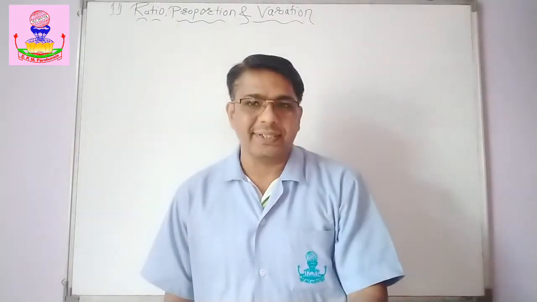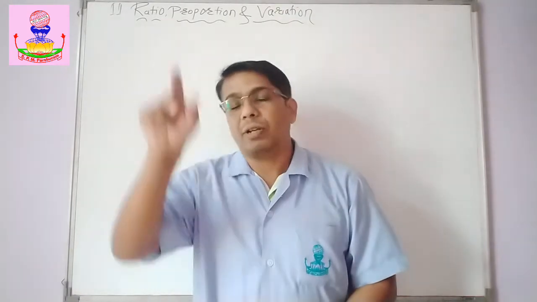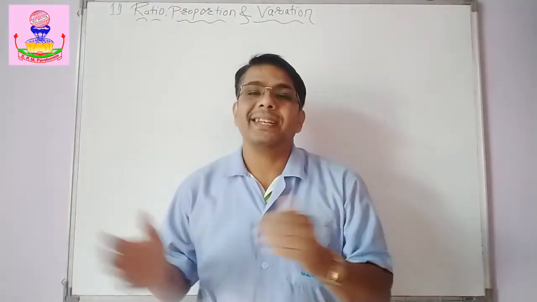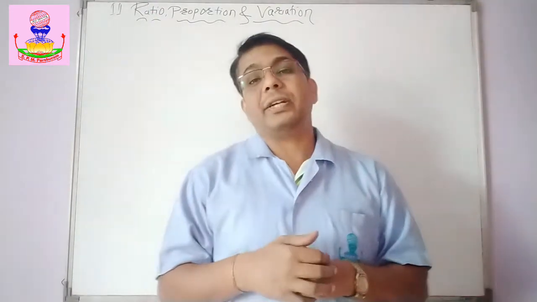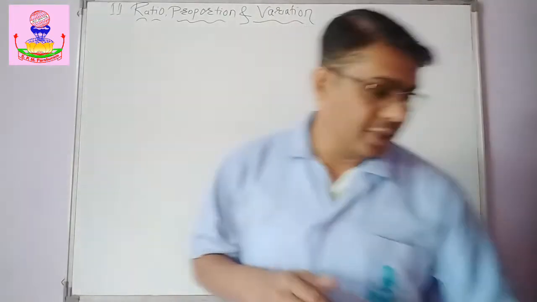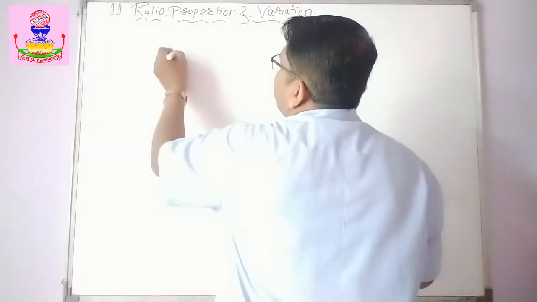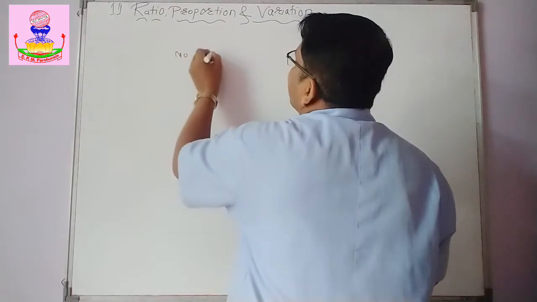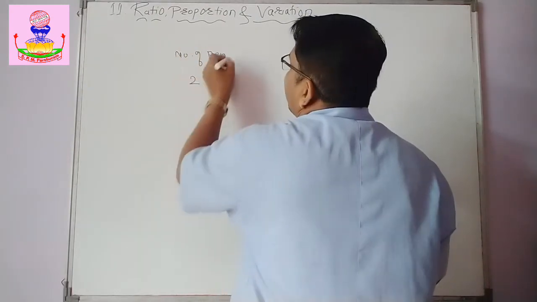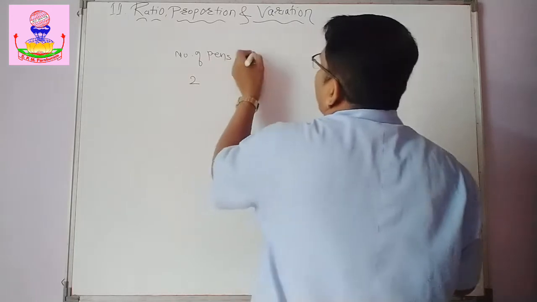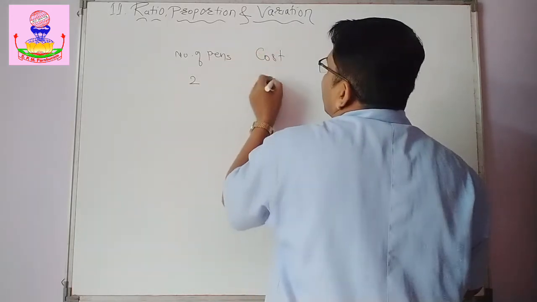So the number of pens increases, the cost of pens also increases. Now what I have said, the ratio is always constant. So see here, the number of pens was initially 2, and the cost was 20.